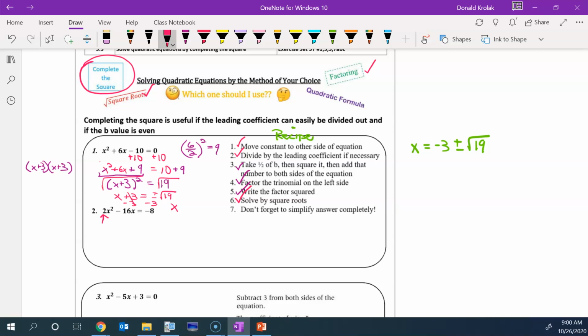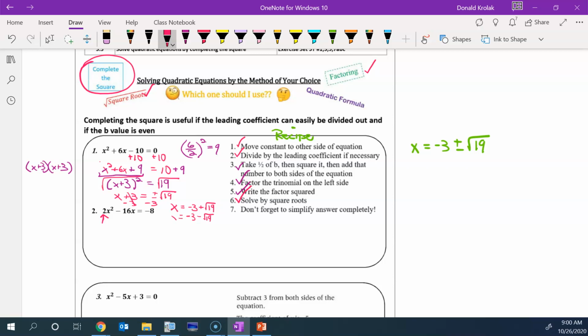So I have two answers. One is -3 plus root 19, and the other one is -3 minus root 19.